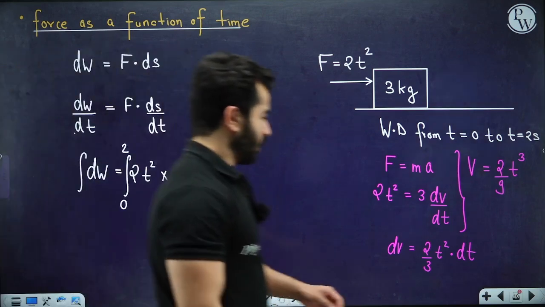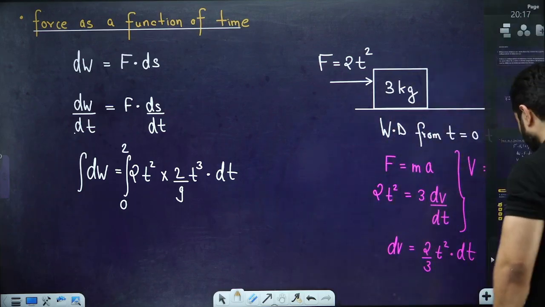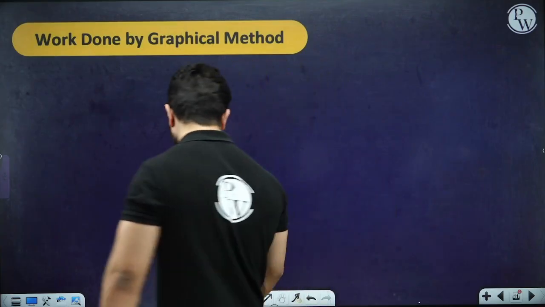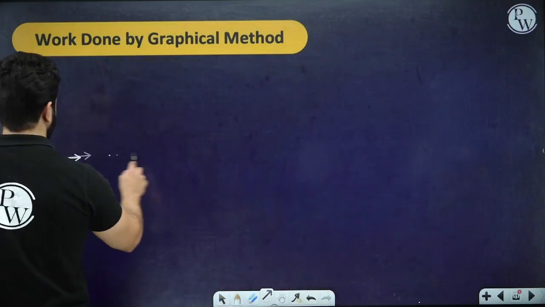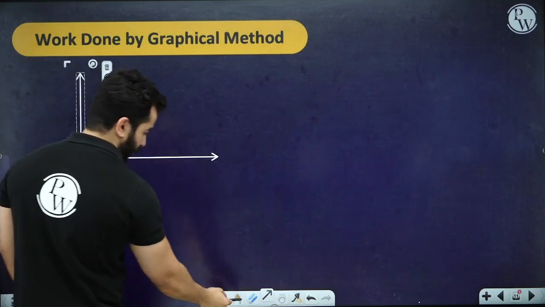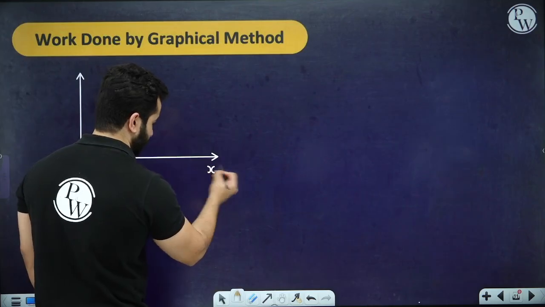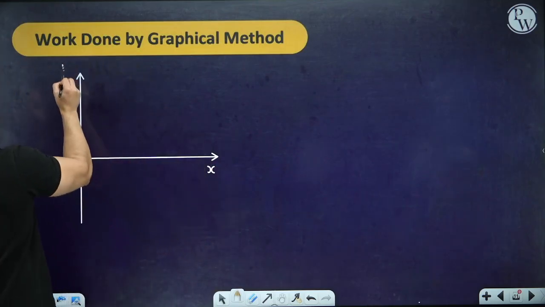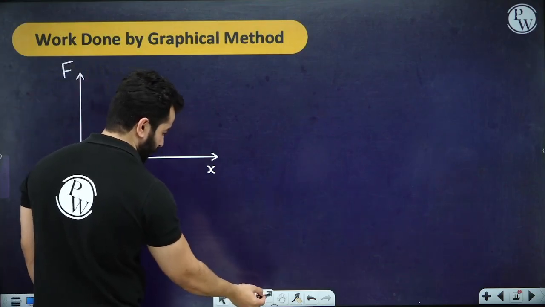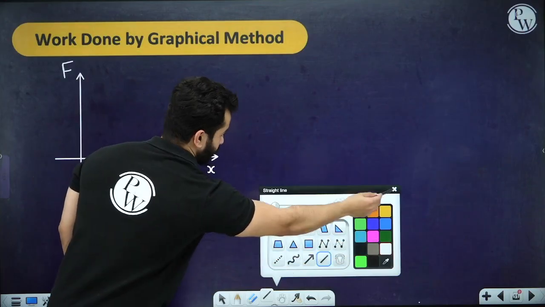Now moving on after this, it's work done by graphical method, right? So you might come across some questions like these, where you have got the x-axis, that means displacement along the x-axis, and force, and you have got a graph something like this, let's just say.